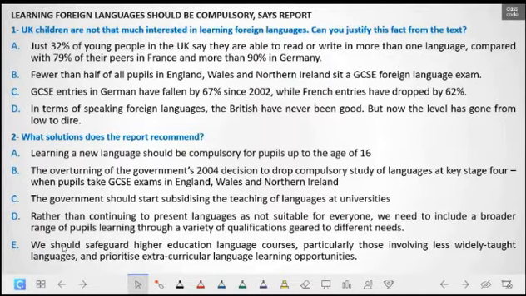We should safeguard, it means to protect, higher education language courses, particularly those involving less widely taught languages, and prioritize, here means to make it first, to make it a priority, extracurricular language learning opportunities.